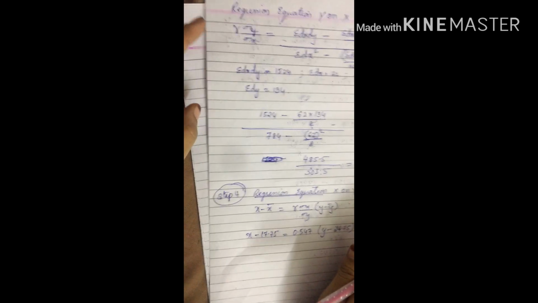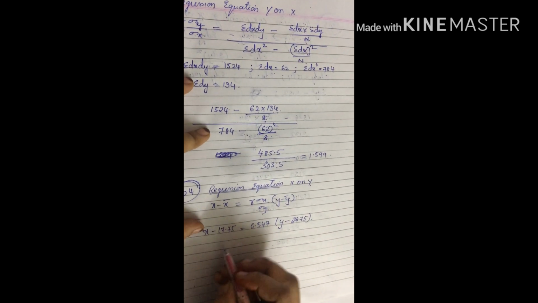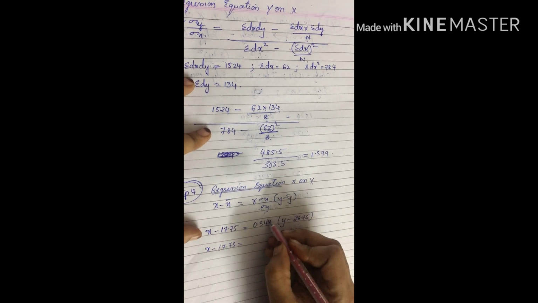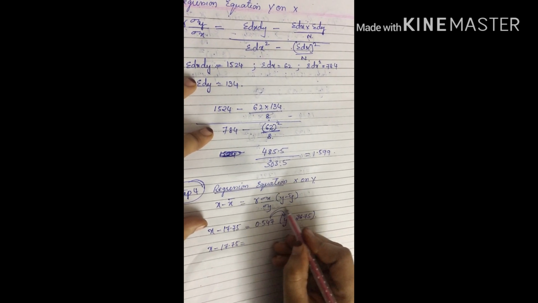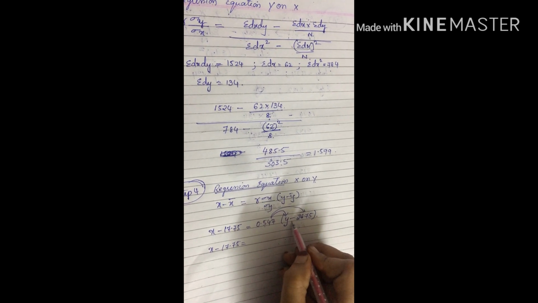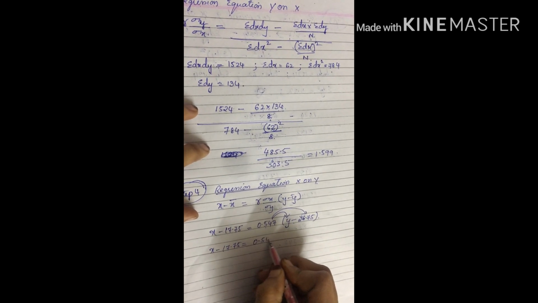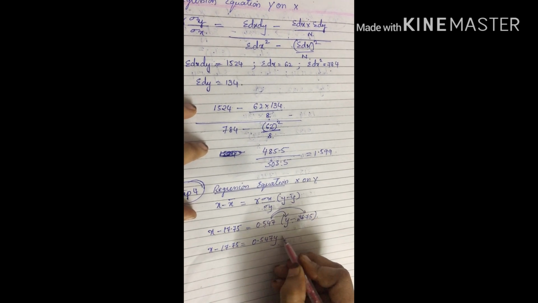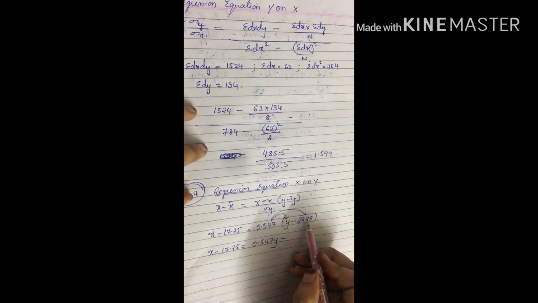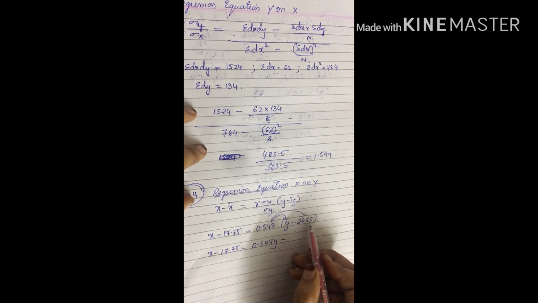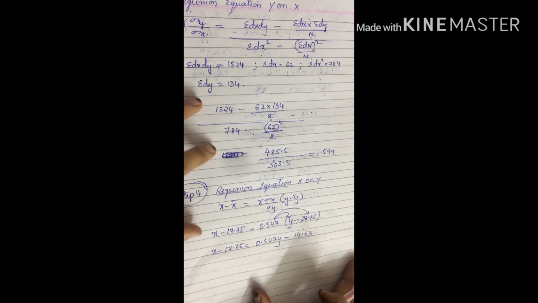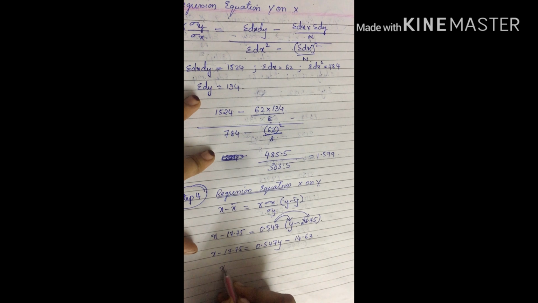So x minus 17.75 equals, now multiply this with both the values. 0.547 into y is 0.547y, minus 0.547 into 26.75, which is 14.63.